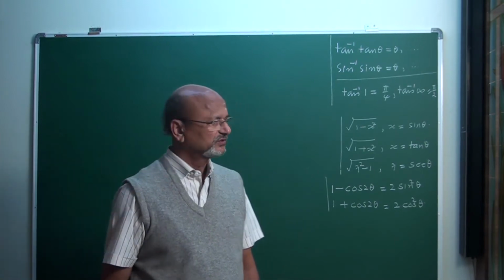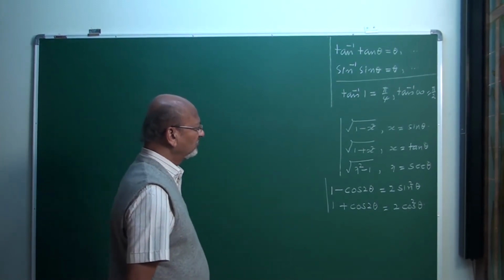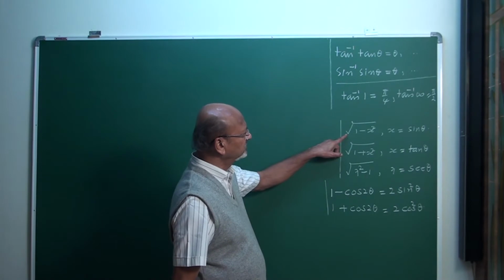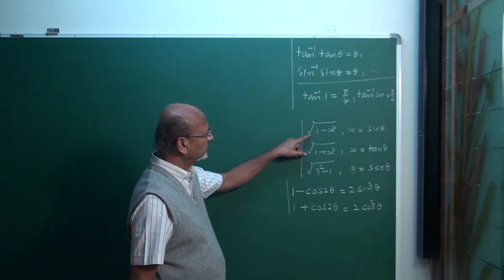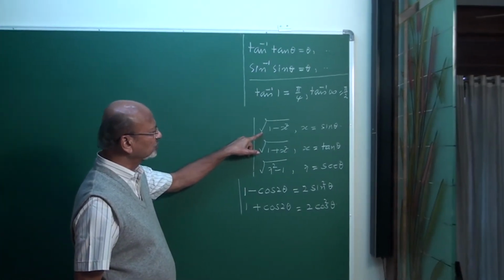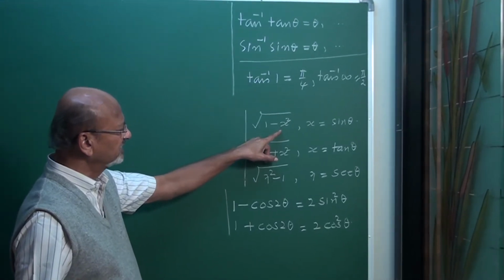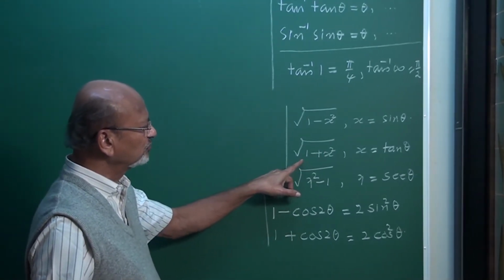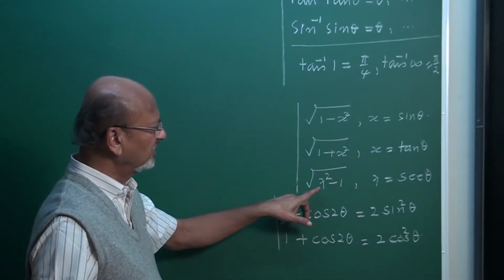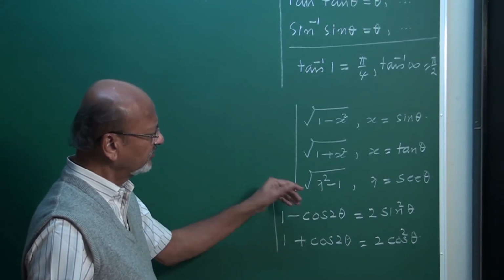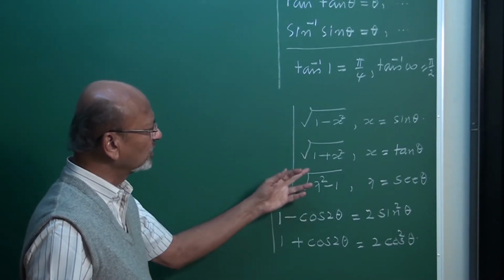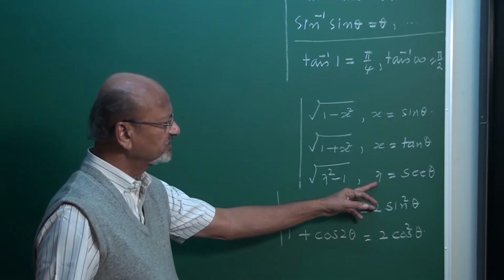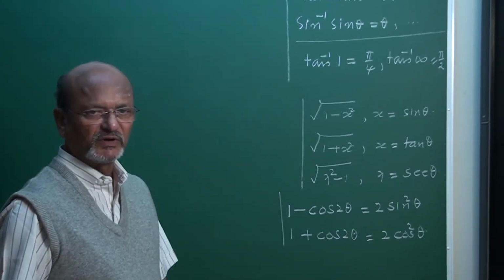Okay, my friends. See, already we have done examples based on these substitutions. If the expression contains root 1 minus x square, what is x? Sin theta. Root 1 plus x square, what is x? Tan theta. Root x square minus 1, or even otherwise, only without root also, the substitution is x equal to sec theta, my friends.